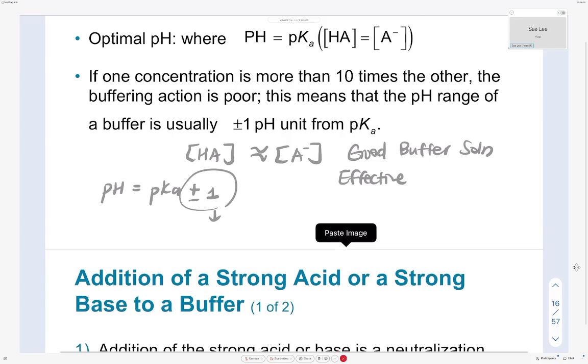This component is going to be the log of the concentration of conjugate base over the concentration of acid. Because you don't want this ratio to be too large, a good buffer solution will have pH equals pKa plus or minus 1.